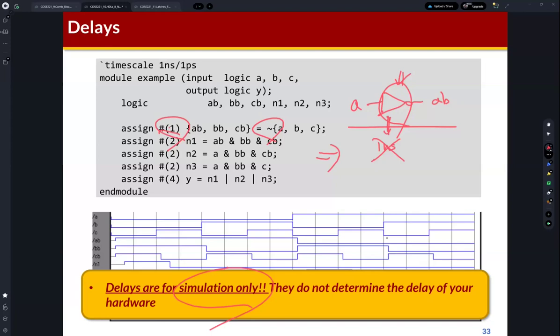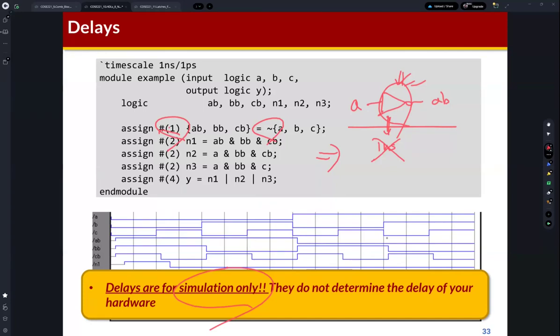Then why do we need to learn about the delays in SystemVerilog? It's because we can understand how the combinational logic includes the delays. Also, after synthesis, these companies provide some circuit libraries, and the circuit libraries are combined in the synthesized circuit, then we also need to measure delays.